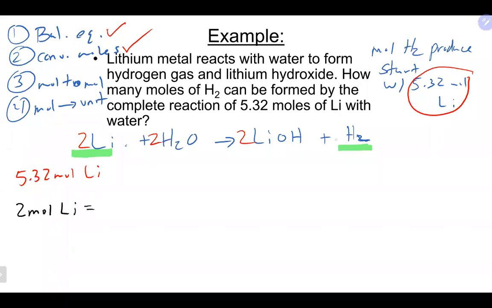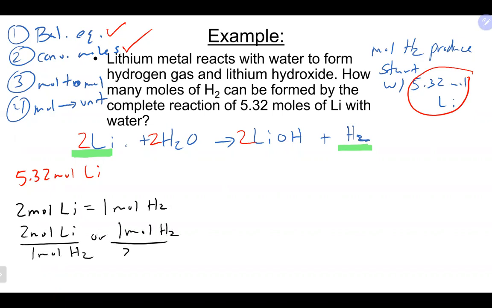In front of the hydrogen, there's nothing written, which means there's 1 mole of hydrogen. That's going to give us our 2 conversion factors that we could use in this problem, which would be 2 moles of lithium over 1 mole of hydrogen, or you could do the opposite, 1 mole of hydrogen over 2 moles of lithium.